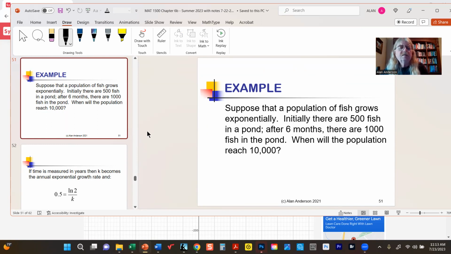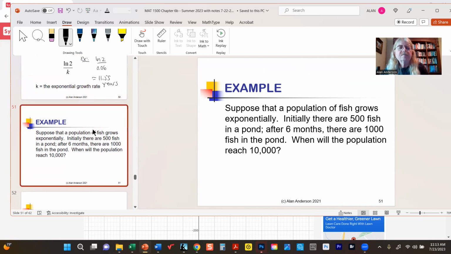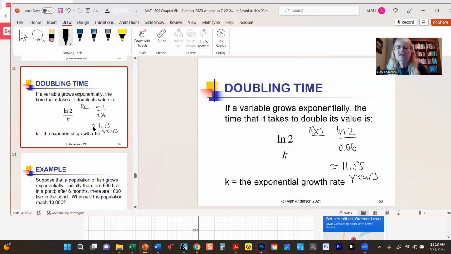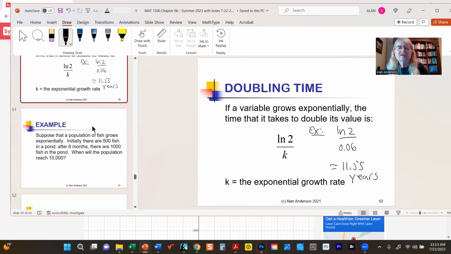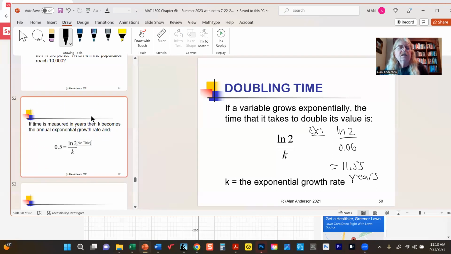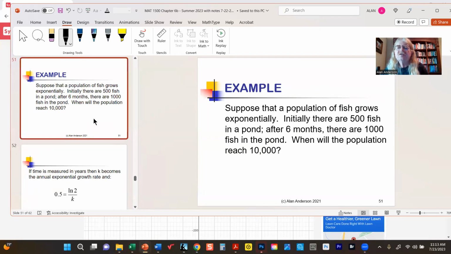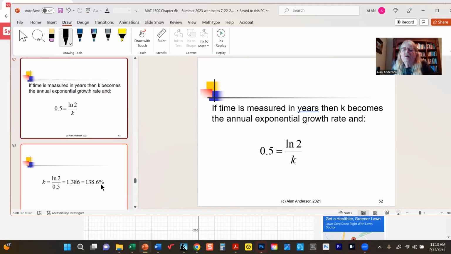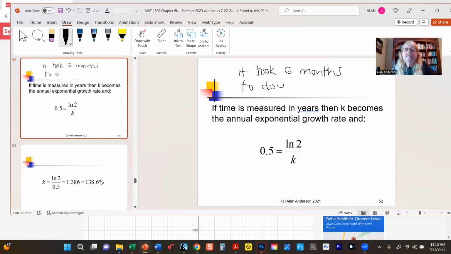Well, the way to think about it is that log 2 over k is the doubling time. Here, the fish population doubled after 6 months or half a year. So that means that we can set this expression equal to 0.5 because it took 6 months to double the population.